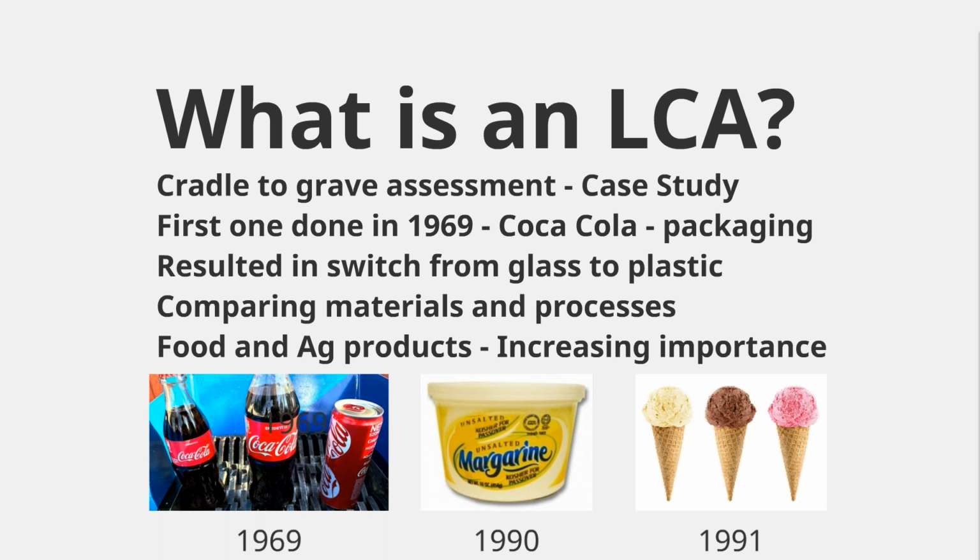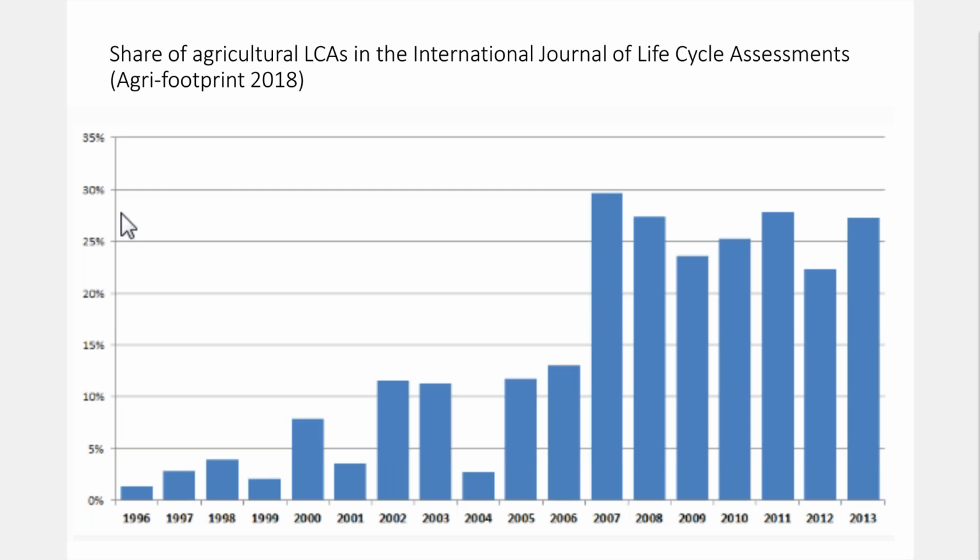They were looking at the life cycle analysis of margarine. Ice cream followed suit in 1991. And since then, the number of LCAs for food products has been growing and growing. So here you have a slide of the share of agricultural LCAs in the International Journal of Life Cycle Assessment. And you can see that the number of products continues to grow, and it won't be stopping anytime soon.